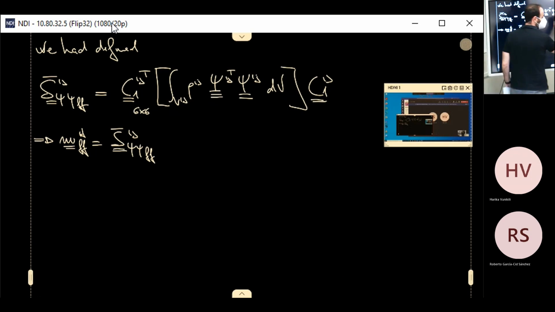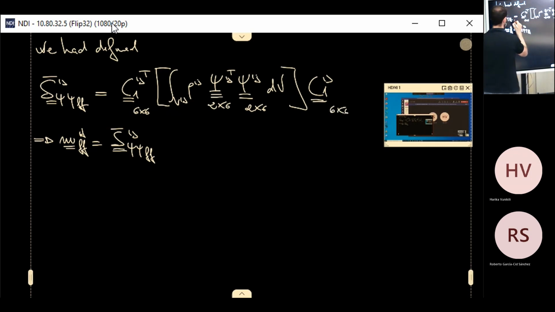If you remember, for the element, this is a 2 times 6, because it's 6 coordinates, and 2 because we are in the 2D space. Here it's transposed, so we're going to have a 2 times 6. And this is a 6 times 6. So eventually you're going to get a 6 times 6.